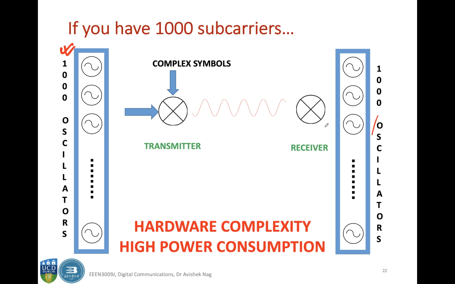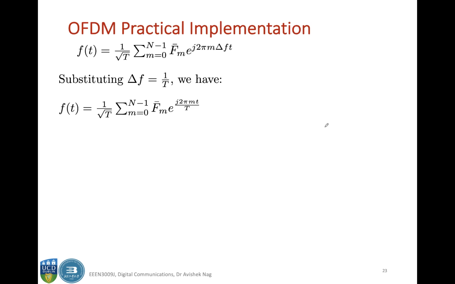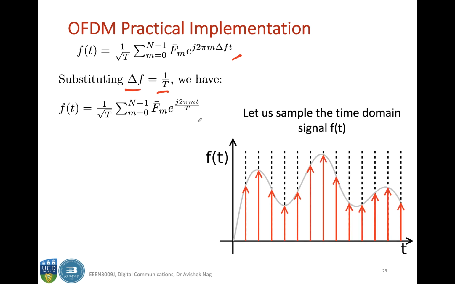So then what do we do? Let's see what we can do. In general, the expression for OFDM, the f(t), is this. If you substitute delta f equal to 1 by T, because delta f is a multiple of 1 over T, or actually exactly equal to 1 over T for the subcarrier separation, then you have this expression. Now let us sample the time domain signal f(t).